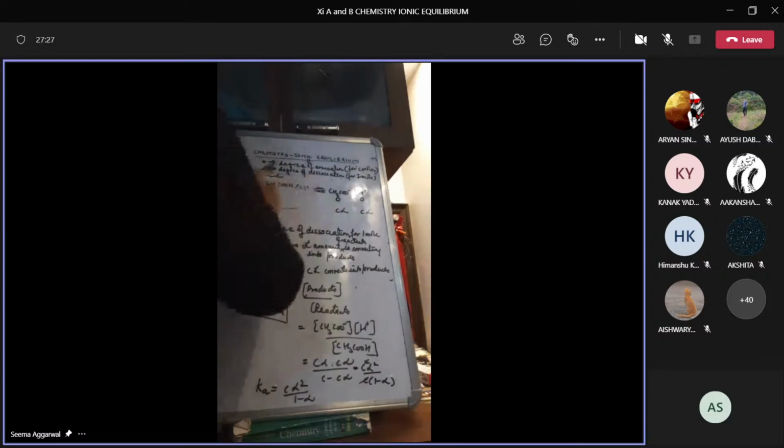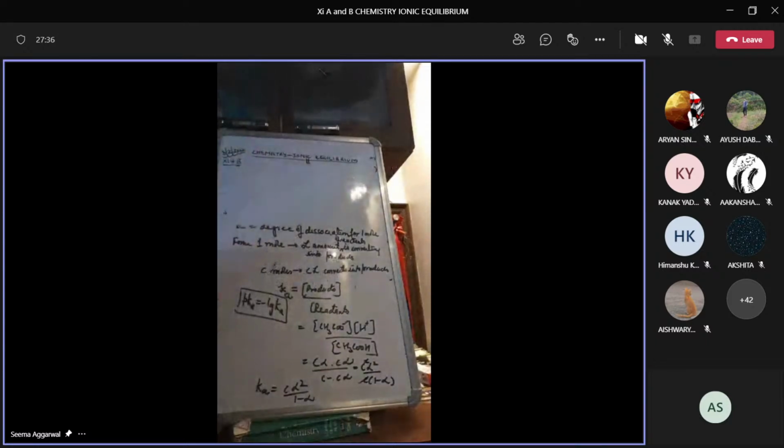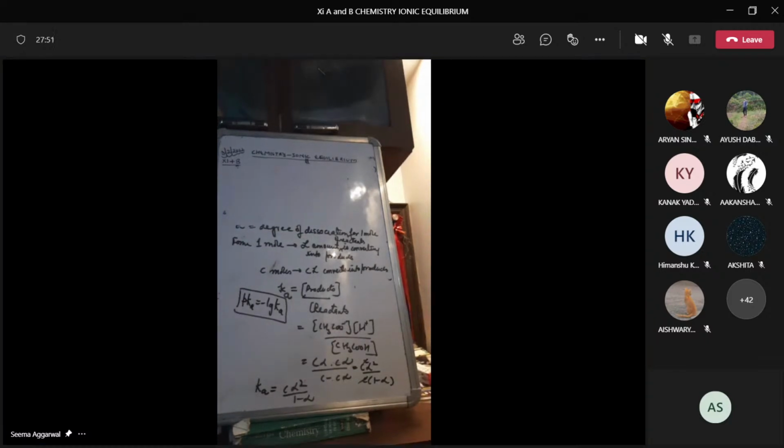Okay. Now let's take the questions based on the ionization constant of acids. And like I told you yesterday when I was solving the pH of 10 raised to power minus 8 M HCl, similarly there is a shortcut method also. So I will be taking both the methods because we cannot apply the shortcut method everywhere.